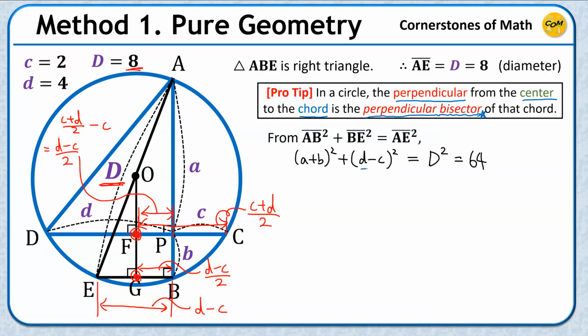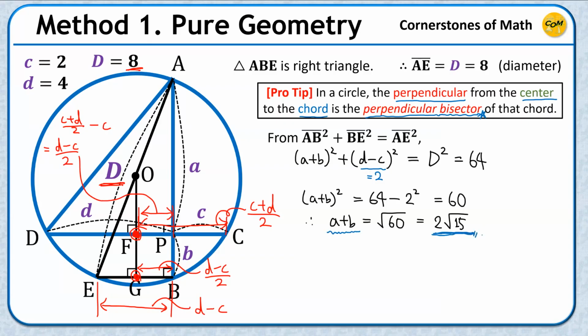From the given values of d and c, we know that d minus c is equal to 2, so (a plus b) squared is equal to 64 minus 2 squared, hence 60. So we have a plus b equals the positive root of 60, which can also be written as 2 times square root of 15. And this is our second equation.